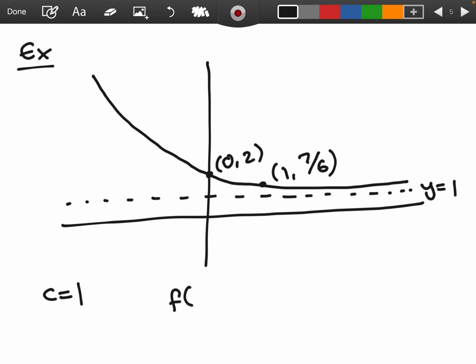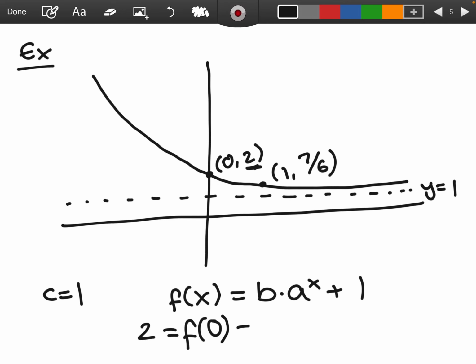We know already from looking at this, because of our horizontal asymptote, that c is equal to 1. So in my equation of f of x is equal to b multiplied by a to the x plus c, I know that c is already 1. Now, I know my function value at x is equal to 0, and that function value is 2.